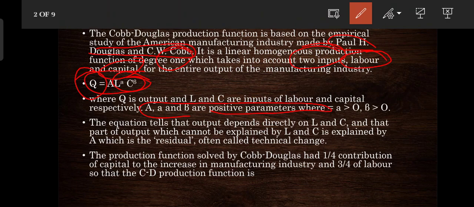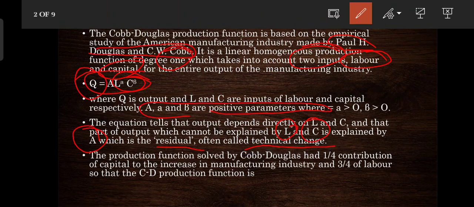Then the equation tells that output depends directly on labor and capital, and that part of output which cannot be explained by labor and capital is explained by A, which is the residual, often called technical change.